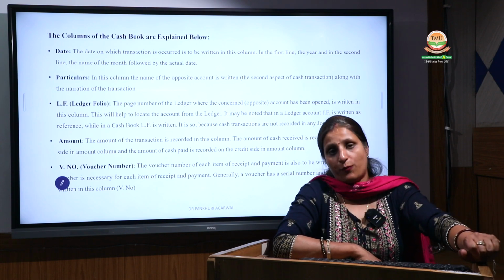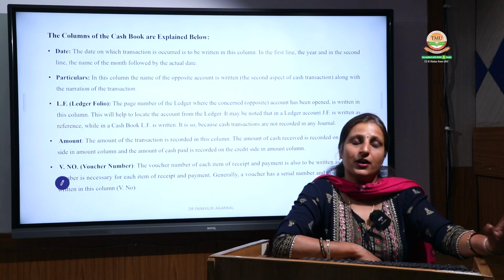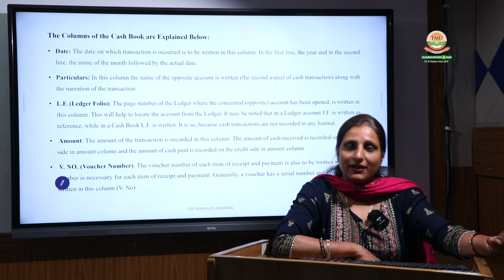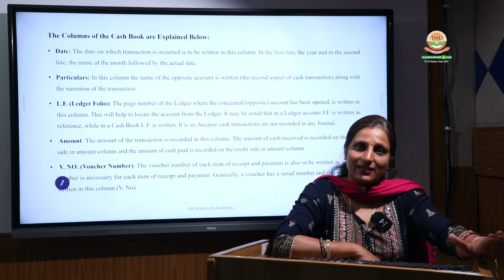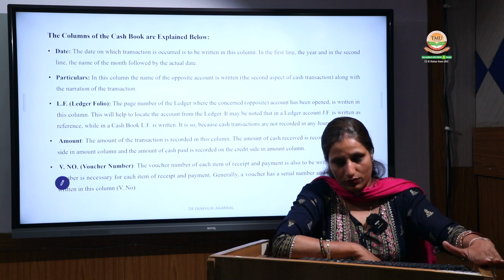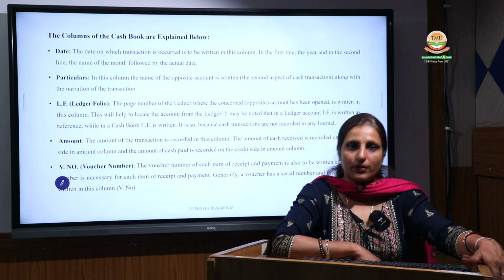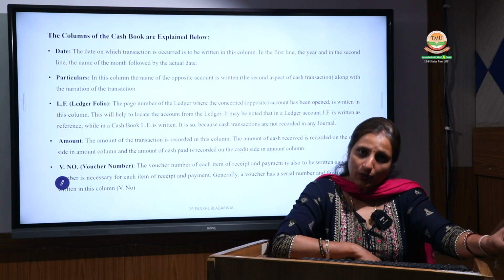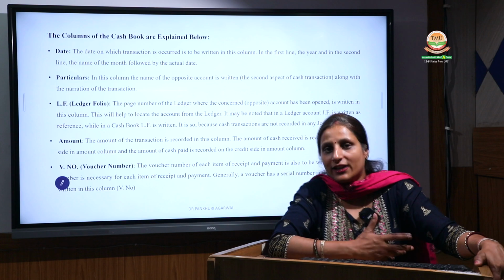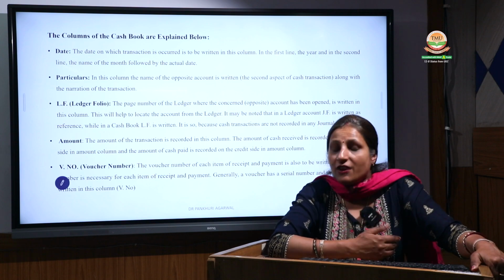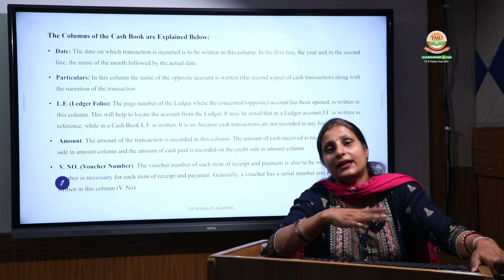Now, what is the use of the ledger folio? Ledger folio is also very important. This entry that I have told you, cash account debit to Suresh, you posted on the debit side, but if I have to verify whether this entry is posted in the ledger or not, or whether Suresh account has been credited or not, this number helps. Because I have various ledger books in the company, there are not just one or two accounts to be prepared. We prepare various accounts, and in each there are various entries that I have to post.